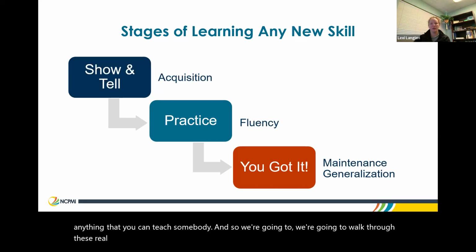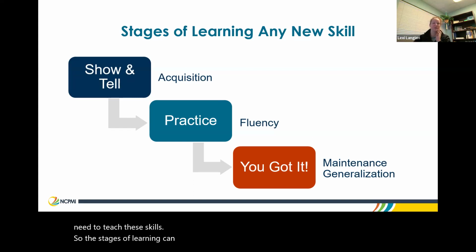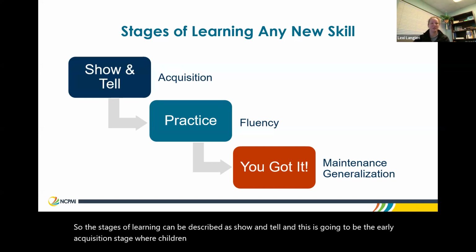We need to think about when to teach social emotional skills, but we also need to consider how those skills are learned in order to decide how often we need to teach them. The stages of learning can be described as show and tell. This is the early acquisition stage, where children need a skill explained and demonstrated.